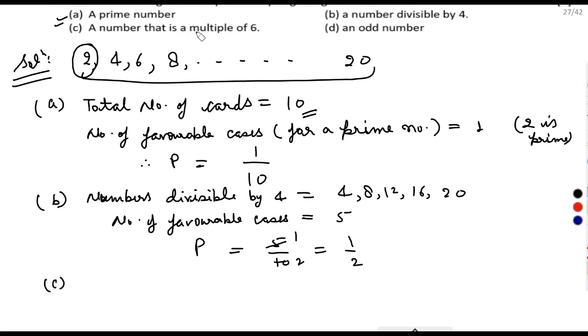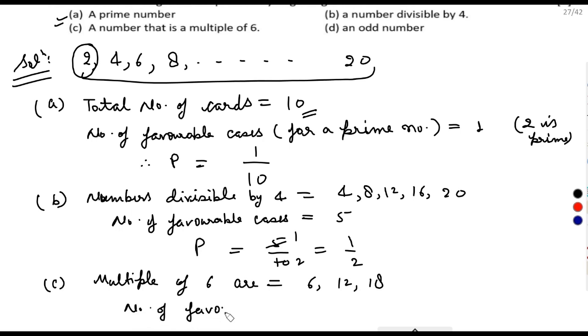A number that is a multiple of 6. Among these numbers, multiple of 6 are 6, 12 and 18. Means number of favorable cases are 3.